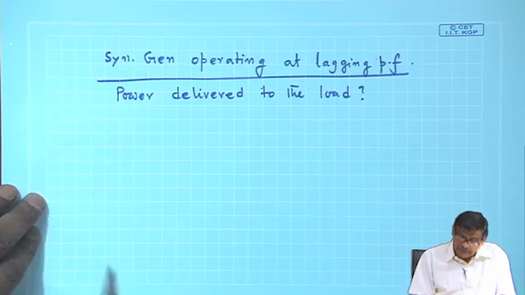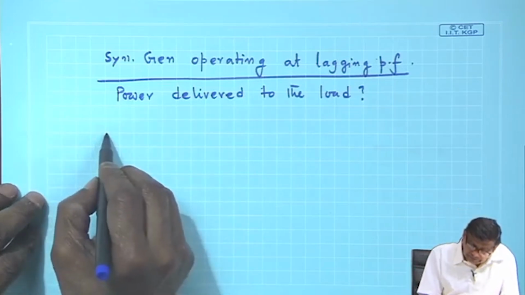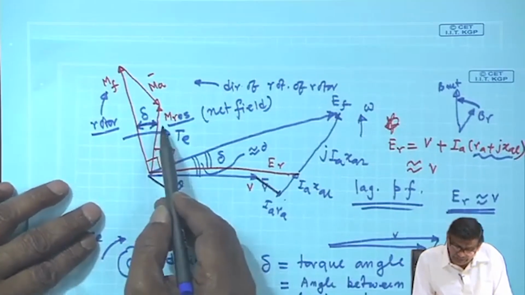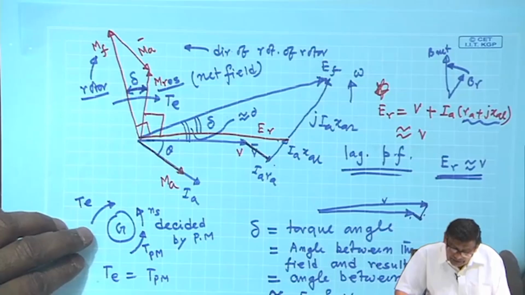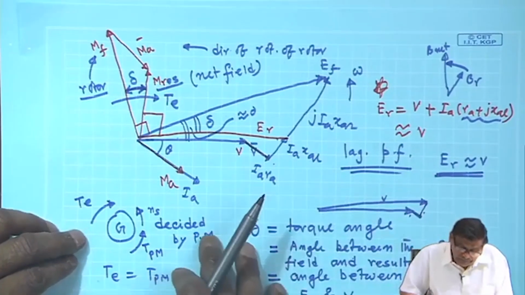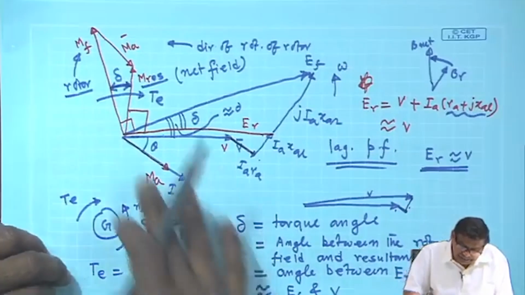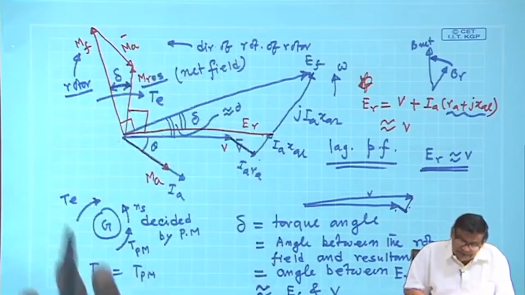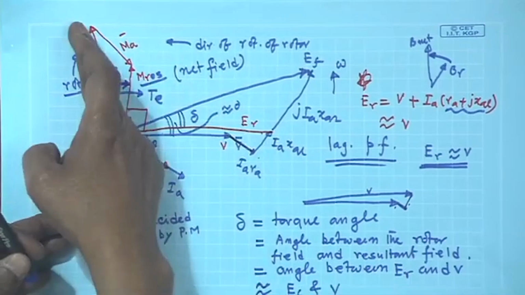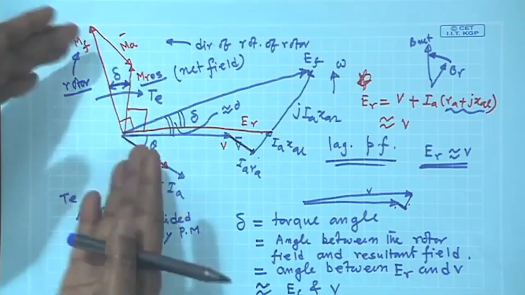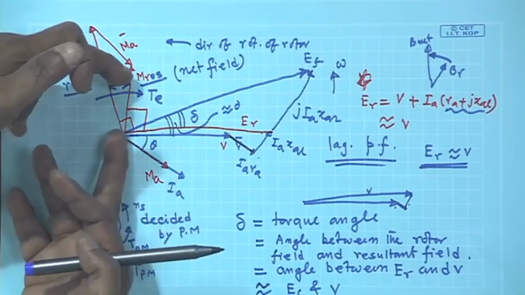So, it is not always necessary that you also draw this M_R, M_A, M_F. Only one comment I forgot to mention. You see, the resultant field is less than the rotor field. Rotor field is this much, resultant field is this much.